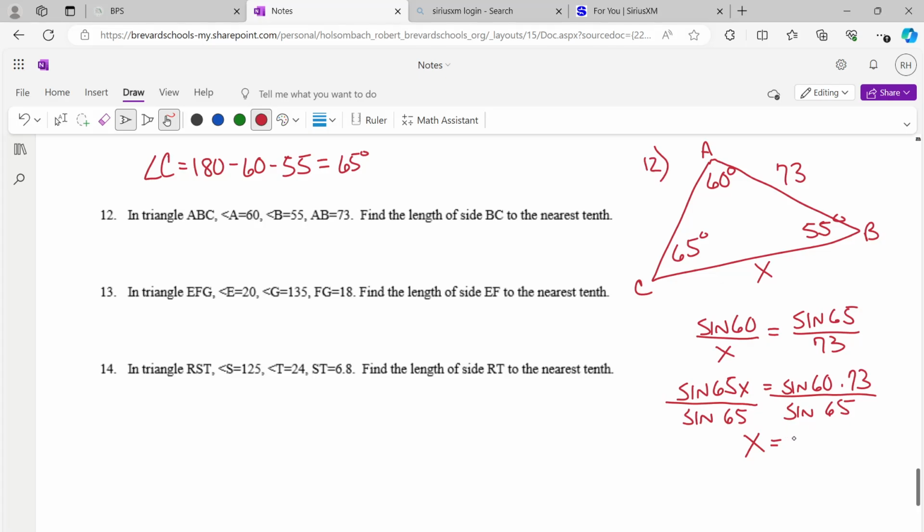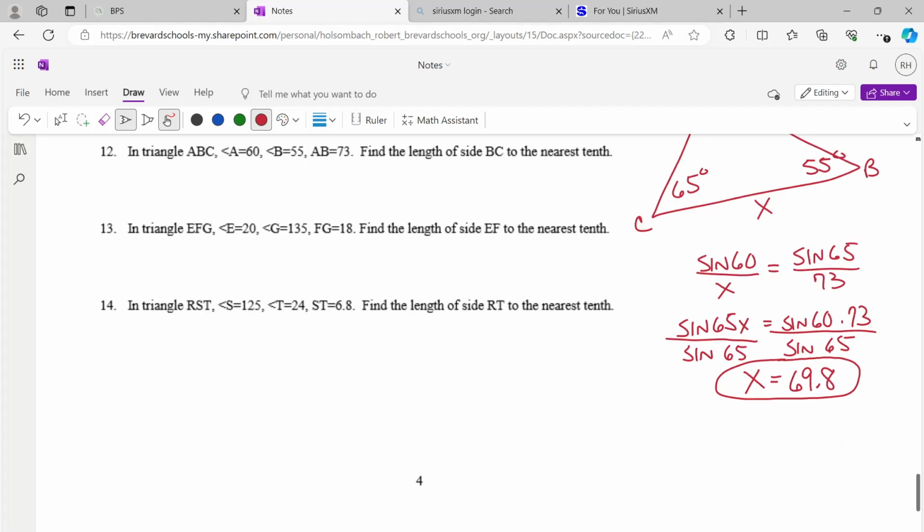And I get 69.8. And again, you want your calculator in DEG mode. It should say this above your numbers, and you want it set to second fix 1 so that there's only one number to the right of the decimal place.